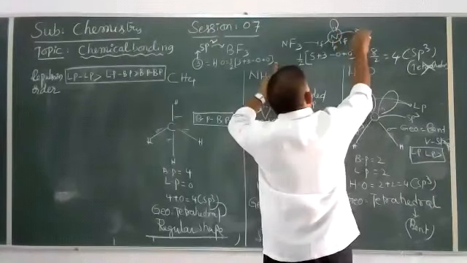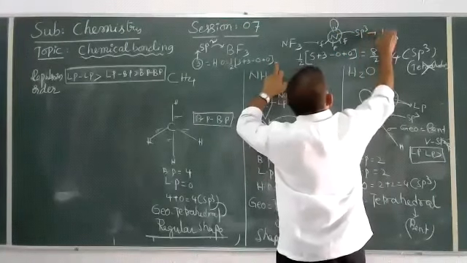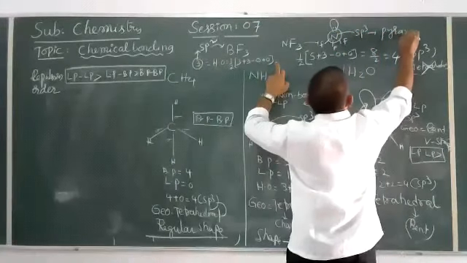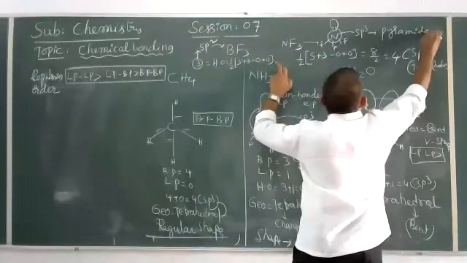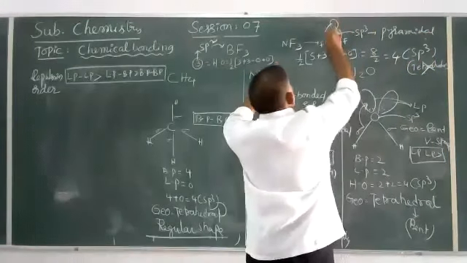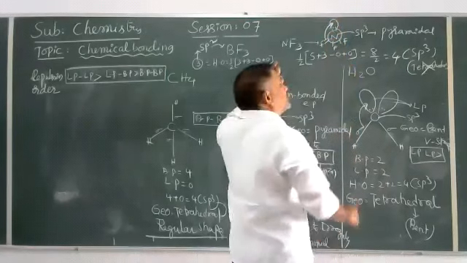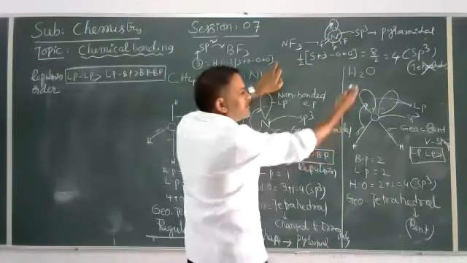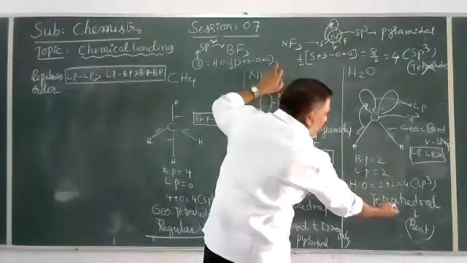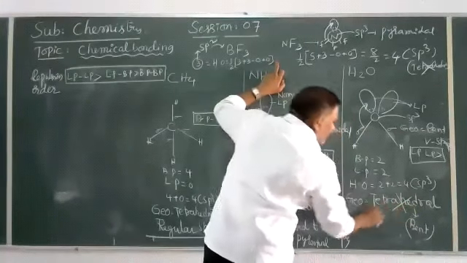Even though it undergoes sp3 hybridization, its geometry is a pyramidal structure because lone pair and bond pair repulsions take place. That's why, just like a water molecule, its geometry is not tetrahedral.